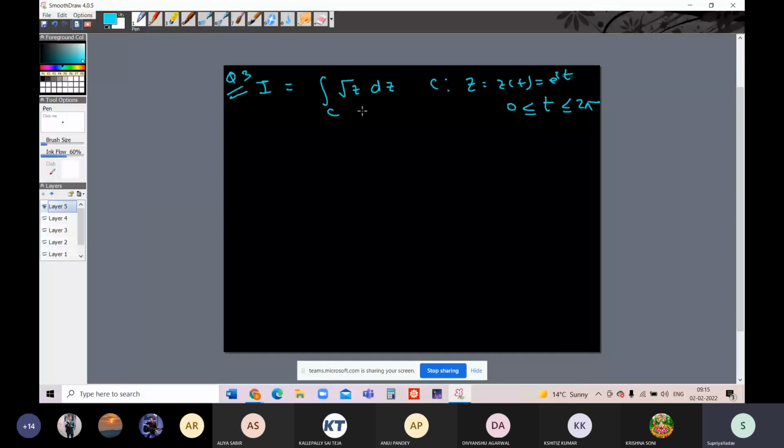So for integrating this function along this curve, we have to take its principal branch, or we can say that we have to restrict our t such that we are only dealing with a single valued function. So here our f(z) is the square root of z, which is a multi-valued function.